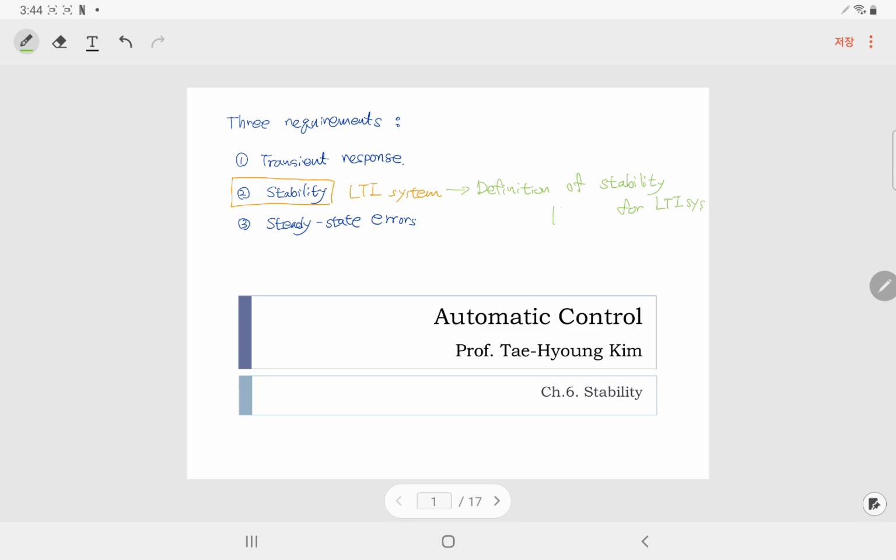And then we'll talk about the simple test method to verify whether the system is stable or not. That method is called the Routh-Hurwitz criterion. This criterion is used to verify whether the system is stable or not.